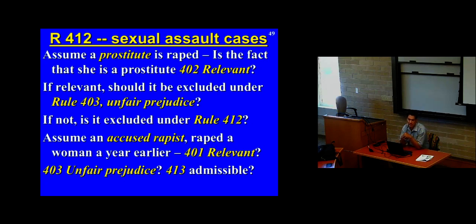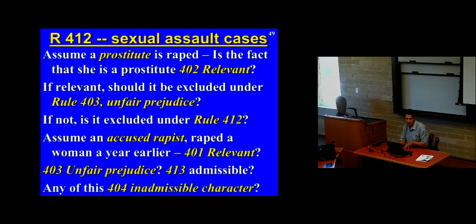Rules 413 through 415 make this kind of thing admissible now. It's an admissible specific instance of conduct, and it can be used not only for a 404(b) purpose, right?